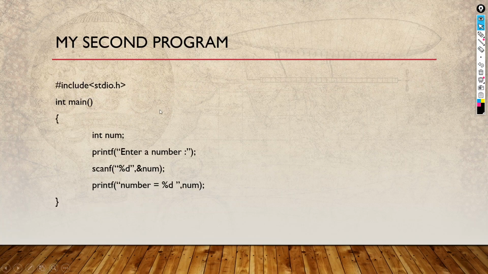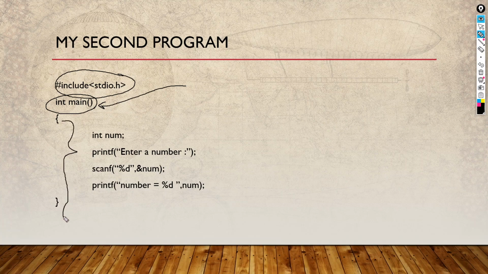Okay, in the second program, I've already told you we have to include this file in every program. This is called a header file, and this main we have to include also because it is needed to run the program. And we have to write every line of code inside the braces.